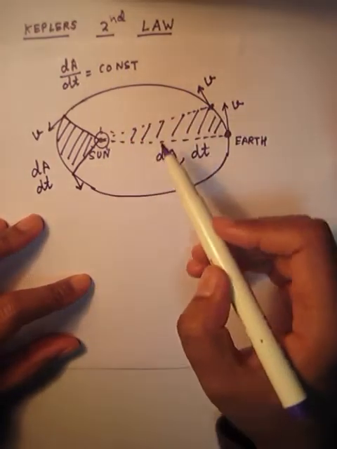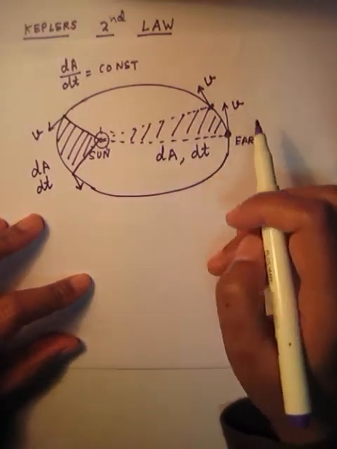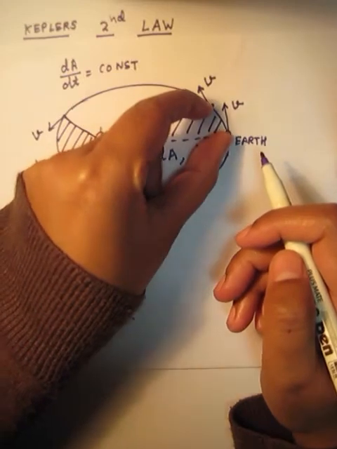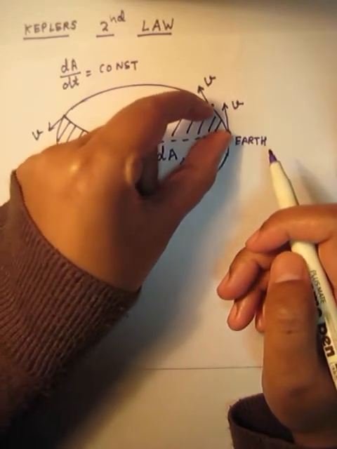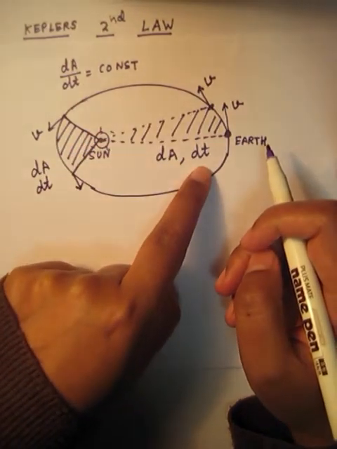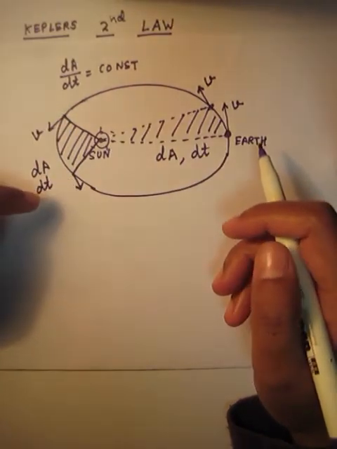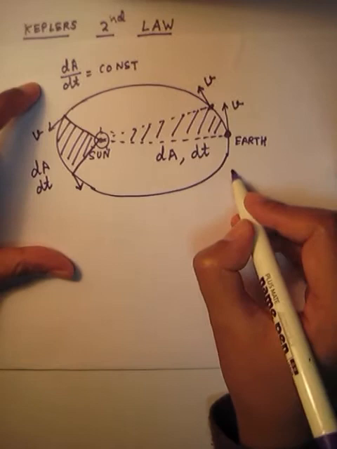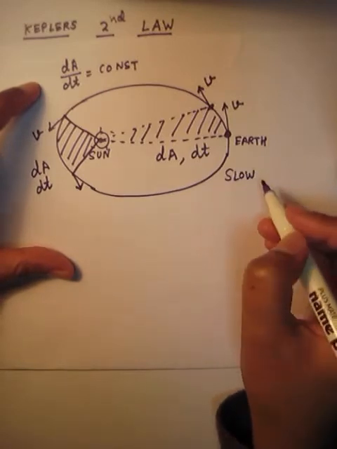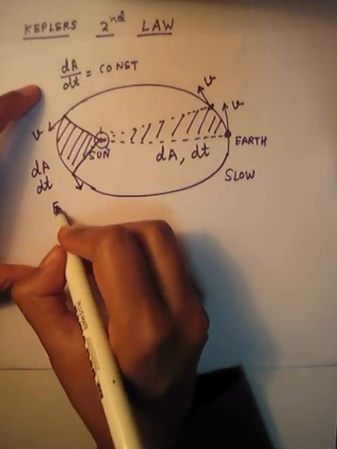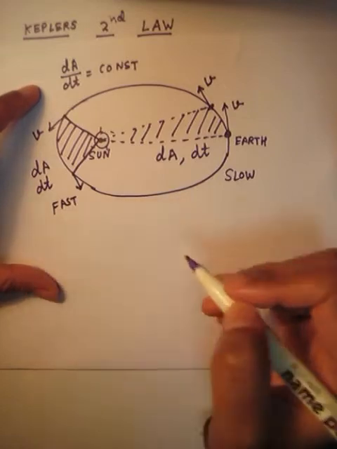It means that here Earth, or any planet, has to travel a smaller distance in this amount of time, and here it has to travel a larger distance in the same amount of time. So Earth will move slowly at this point and fast at this point.